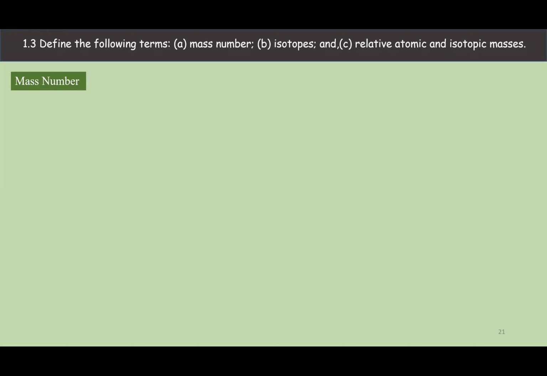Okay, Liana agrees and Jamal is also saying 12. Now, that is not totally correct, because the definition for mass number is the number of protons plus the number of neutrons of an atom, a single atom of an element.